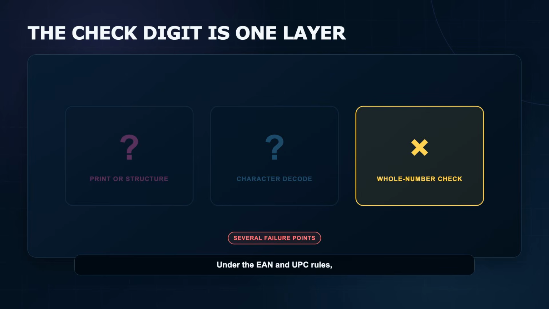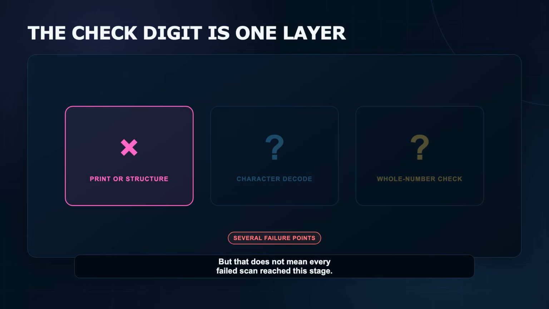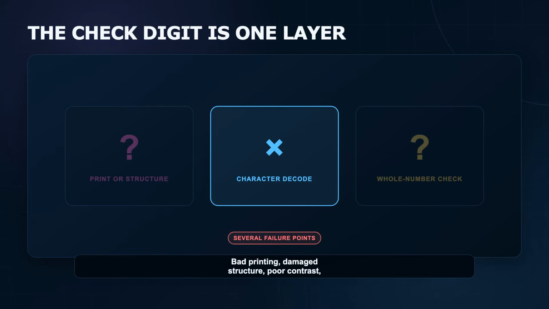Under the EAN and UPC rules, a reader can reject a mismatch during decoding. But that does not mean every failed scan reached this stage. Bad printing, damaged structure, poor contrast, or other decoding problems can stop the process earlier.